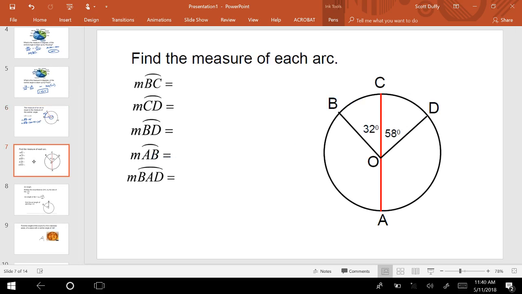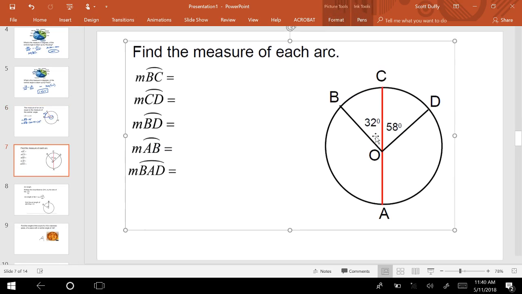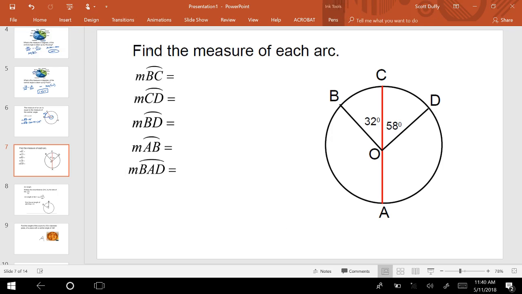Find the measure of each arc. BC, they already gave it to us. We know it because the central angle of BC is 32 degrees. And we know CD, that's 58. BD, all the way around, that would be BD.